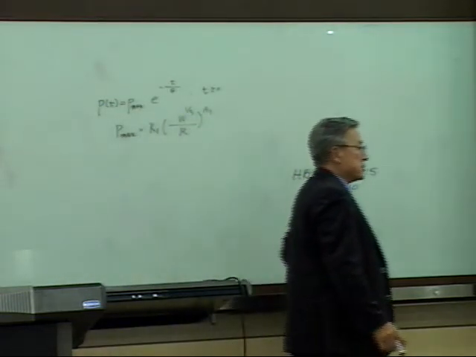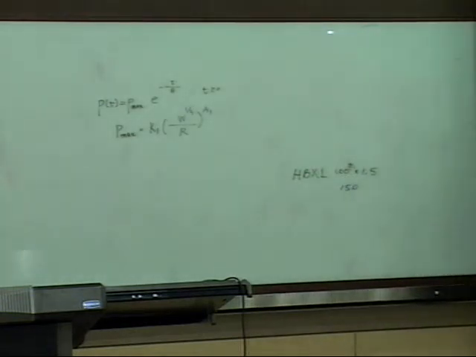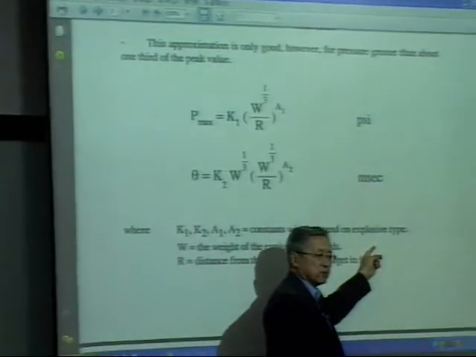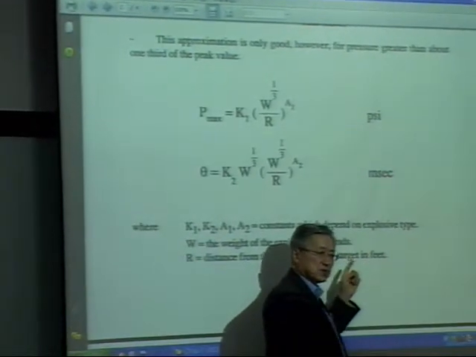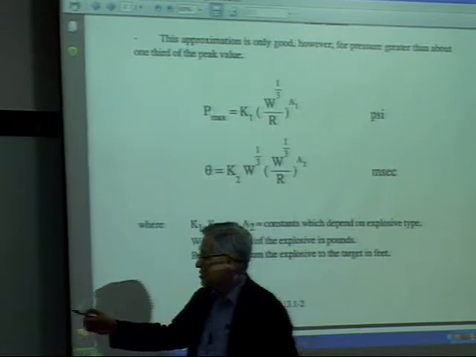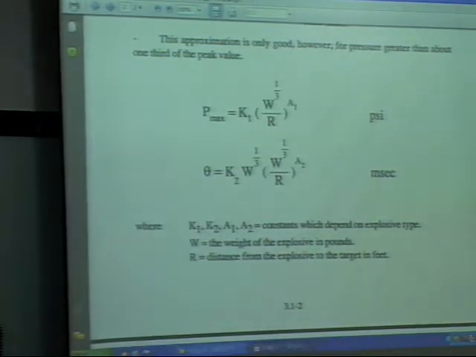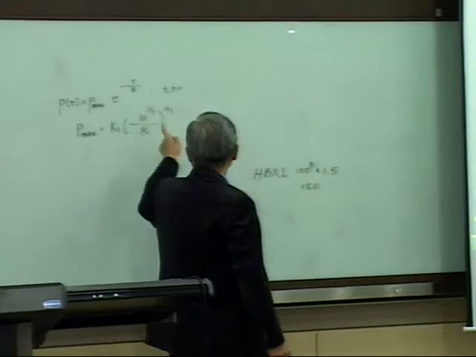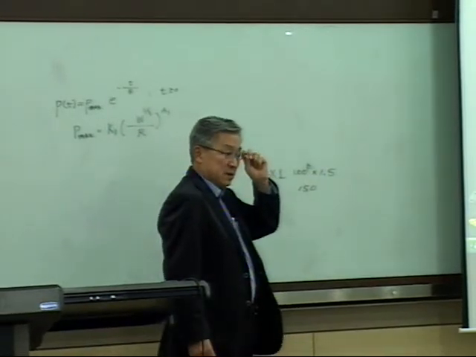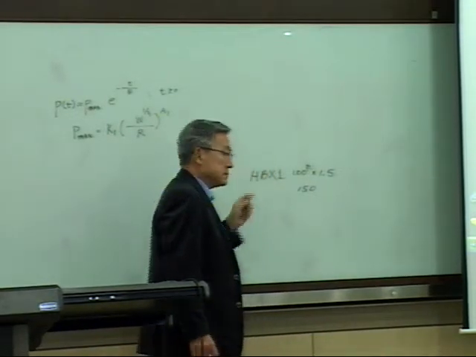So the note there: the weight of the explosive in pounds equivalent to TNT. If this is TNT, not HBX1, then it's going to be 100 pounds. You put the 100 as is. Clear? Clear.